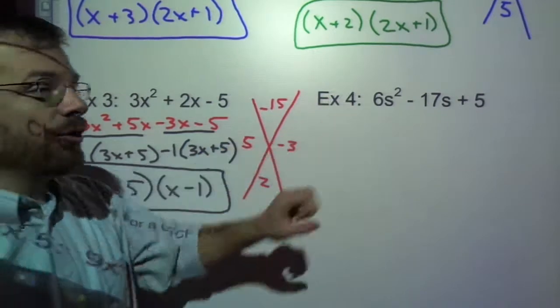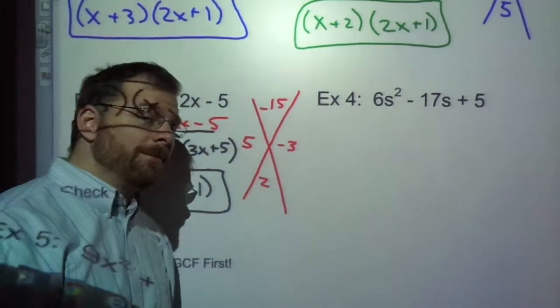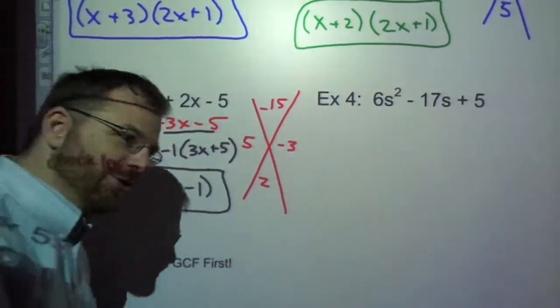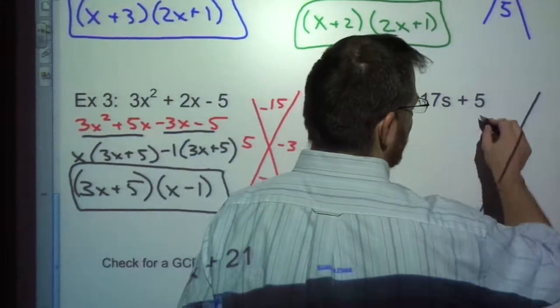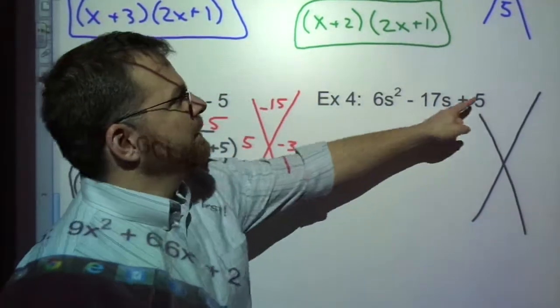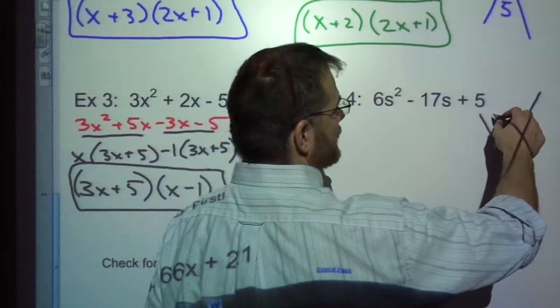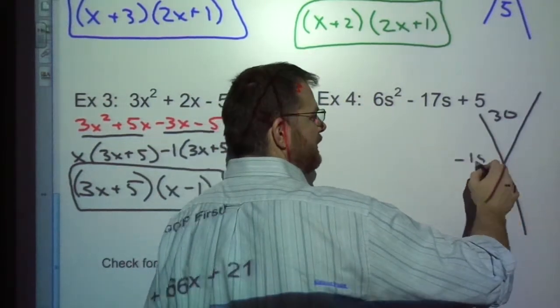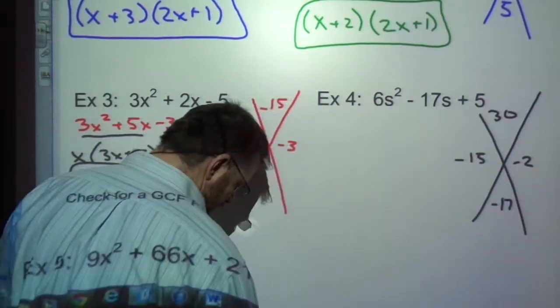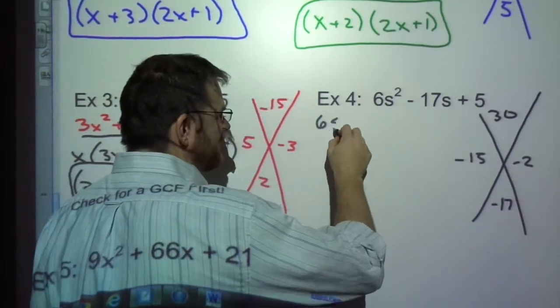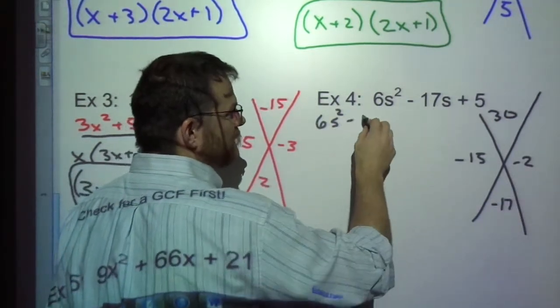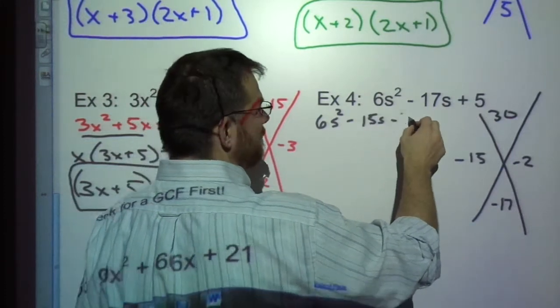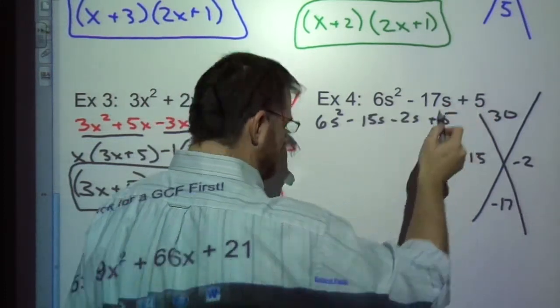Okay, this one here, you should pause the video and try. And now I'll show you how to do it. Check and see if you got this right. Things that multiply 6 times 5, that's 30. That adds to be -17. That would be -15, -2. So I'll rewrite my problem now, 6s squared. Instead of this, I'm going to write 15s minus 2s.